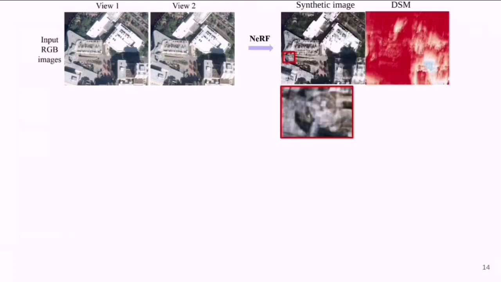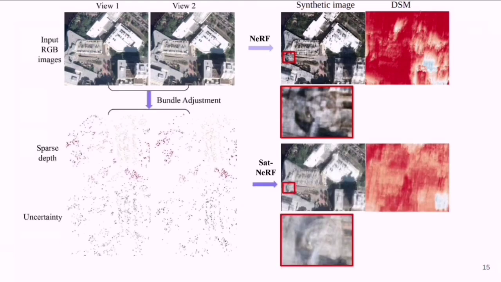If we apply NeRF directly on them, the supervision would be insufficient for the training, which leads to unrealistic color in the synthetic image and the wrong DSM. If we follow the strategy of SAT-NeRF, which means adding sparse depth and uncertainty resulting from bundle adjustment for complementary supervision, we get a blurry synthetic image and again a wrong DSM.